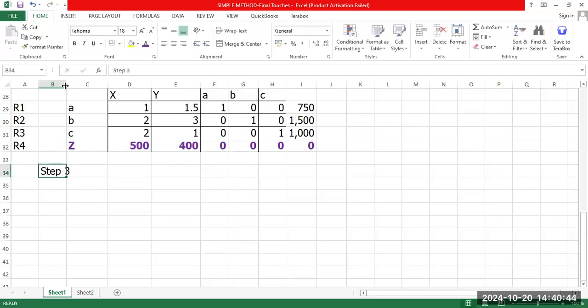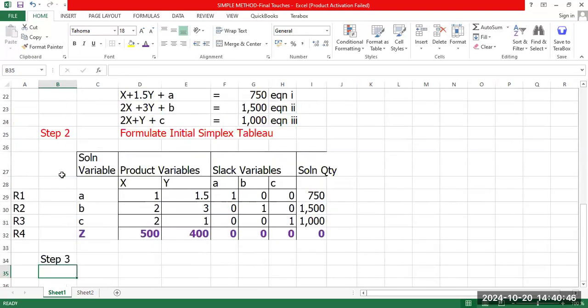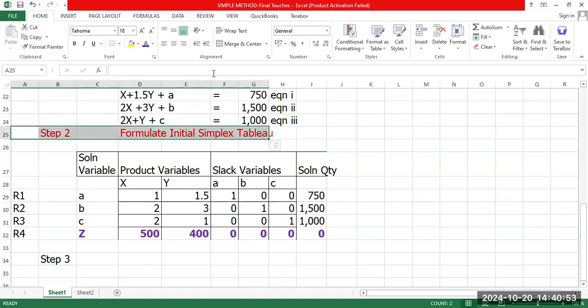Colleagues, are we together on this point? For step 2, is it clear to you all?